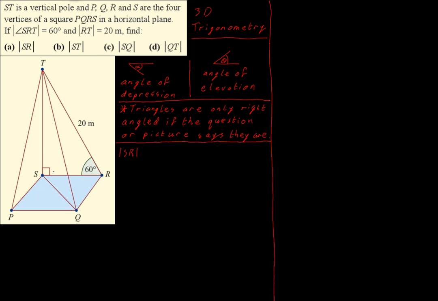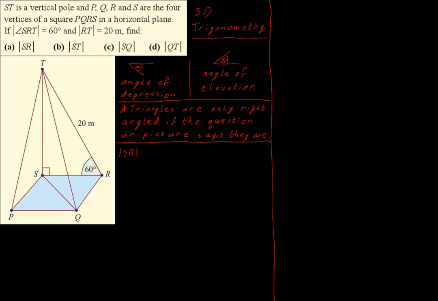But they can give us the fact that it's a right angle triangle in slightly obscure ways. For instance, a very common one, if they give us a physical situation like they have in this question, ST is a vertical pole and PQRS are the 4 vertices of a square in a horizontal plane.